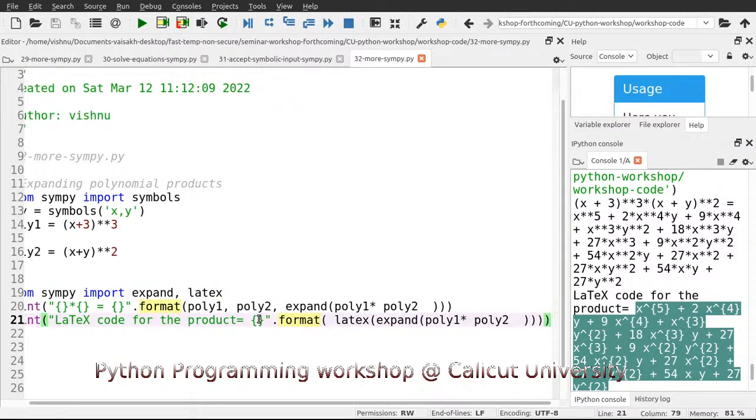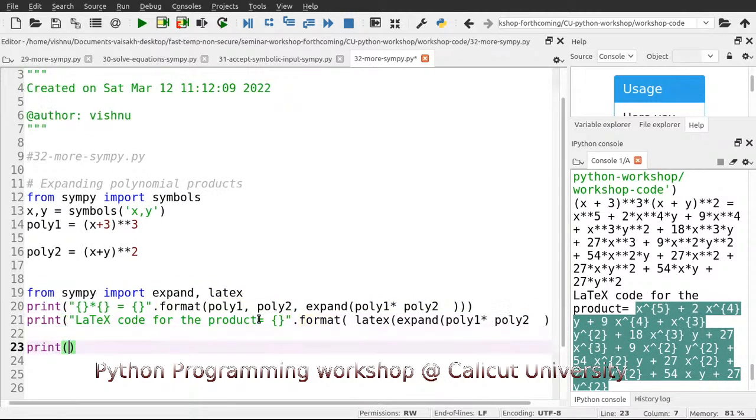Now one more, probably. LaTeX code 4. So if you are solving something, how will you get the LaTeX code for that? Okay, let us try to see.